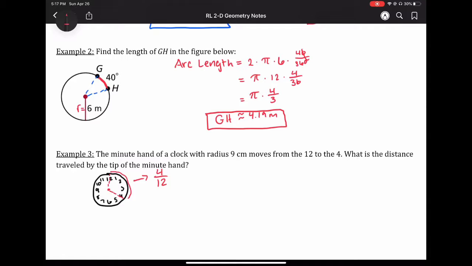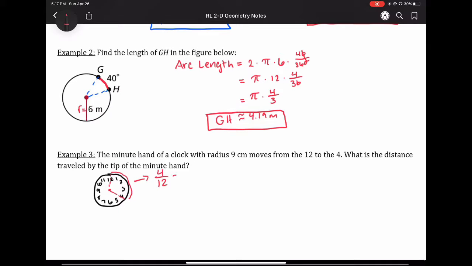It'll make your life easier too if you simplify this fraction. 4 goes into both 4 and 12. 4 divided by 4 is equal to 1, and 12 divided by 4 is equal to 3. So 1/3 is a lot easier than 4/12. Let's use that fraction in our formula to find the distance our minute hand traveled.